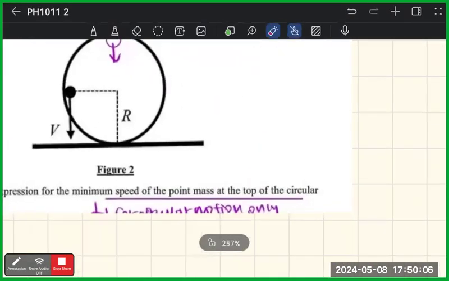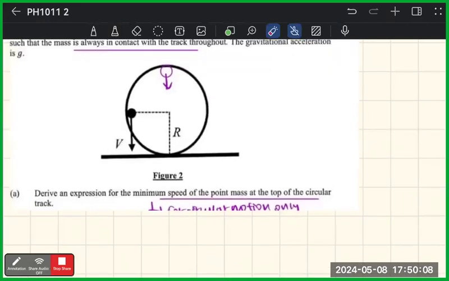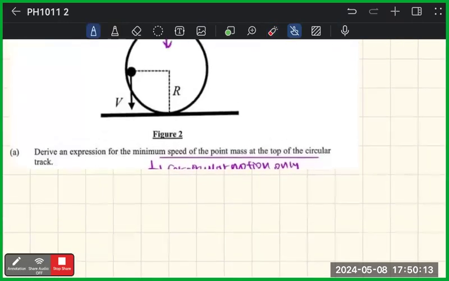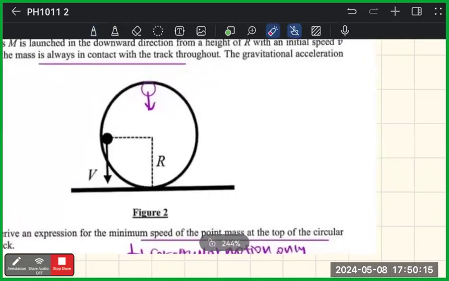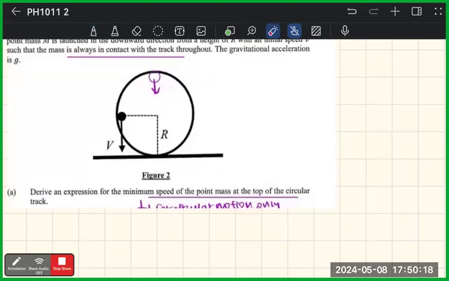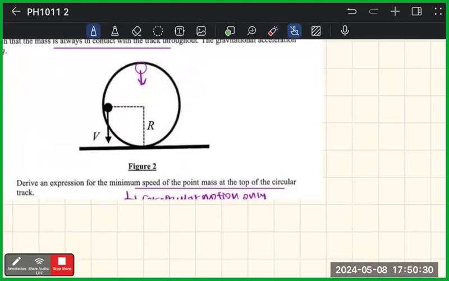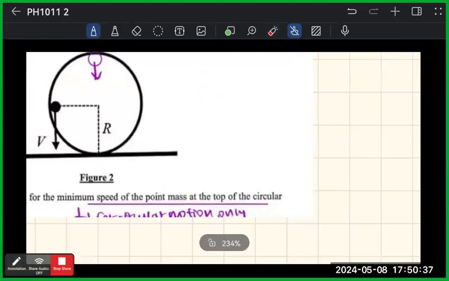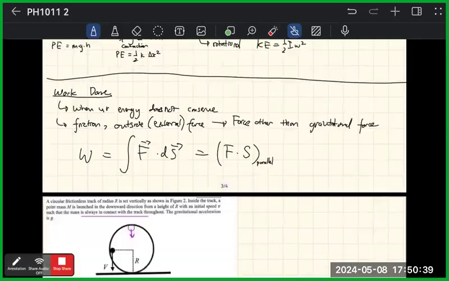Again, you don't have to think about the solution when you don't know how this works. First we have to derive a minimum speed so that this mass, when it's thrown, can reach this top point. How do you reach this top point? It's only energy. So you have an energy here, which is both potential energy and kinetic energy.